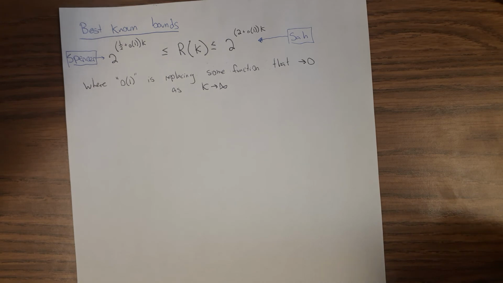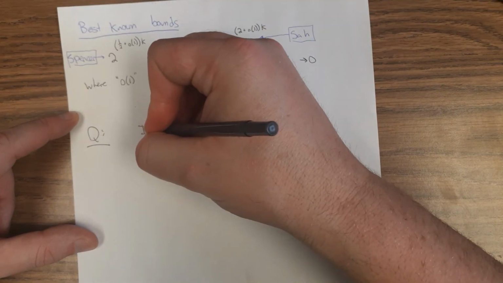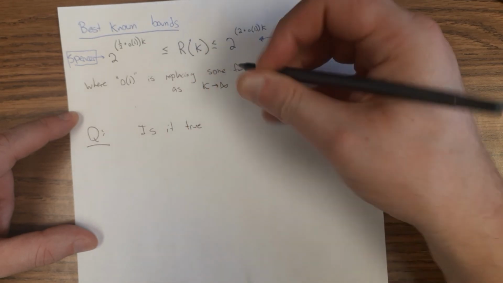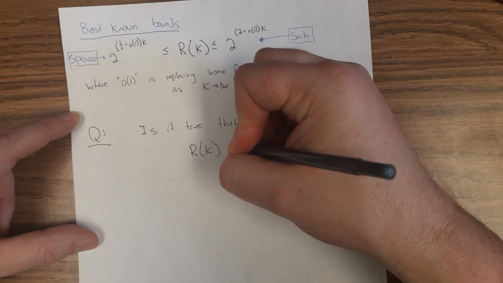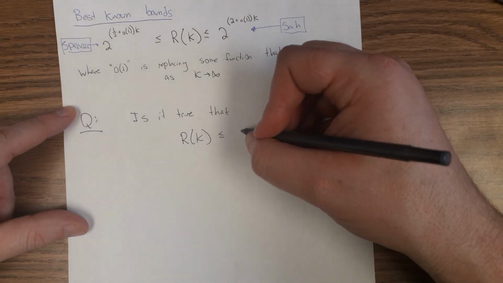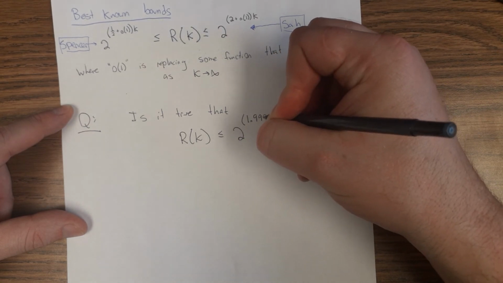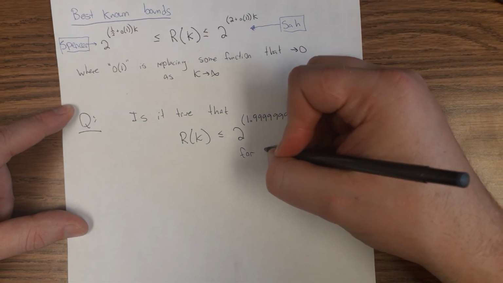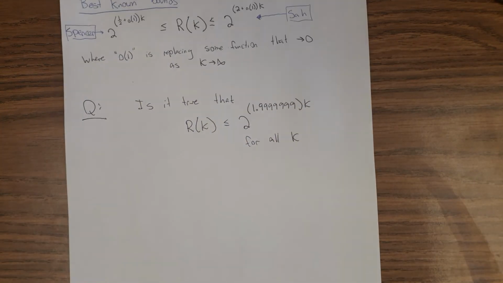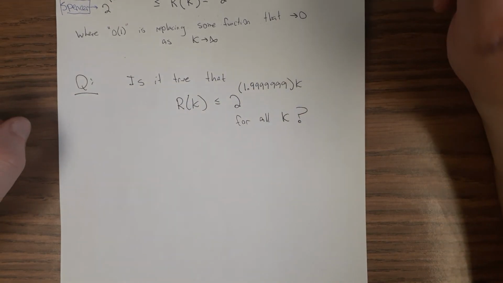It would be nice, for example, to know that r of k is less than or equal to, say, 2 to the 1.9999999k for all k. It's not known if that's true.